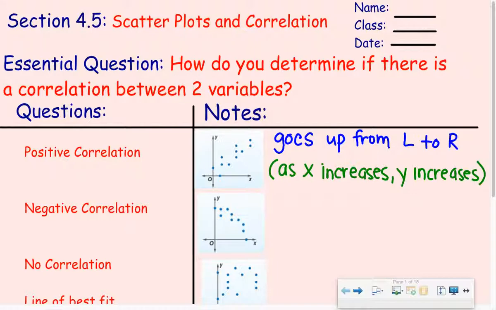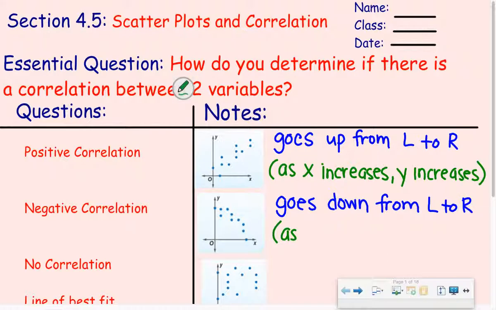For negative correlation, the graph goes down from left to right, and as X increases, Y decreases.